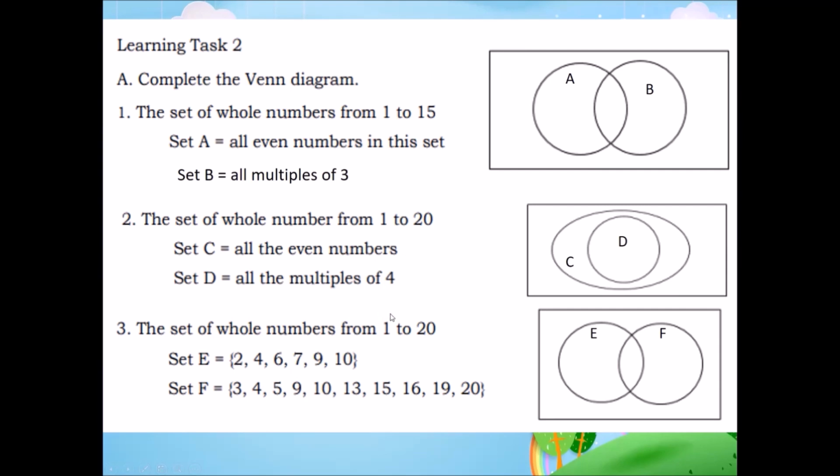All the multiples of 4 from 1 to 20 will be placed in set D. Next, the set of whole numbers from 1 to 20 again, set E: 2, 4, 6, 7, 9, 10. Then set F, all the numbers indicated here we will place in set B. And the elements that set E and set B share, we place in the intersection of the two given sets. So, I hope it is clear.